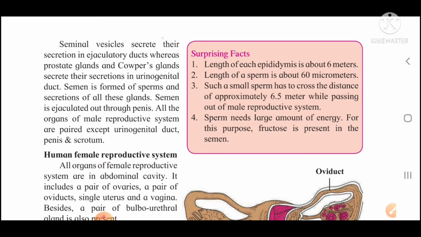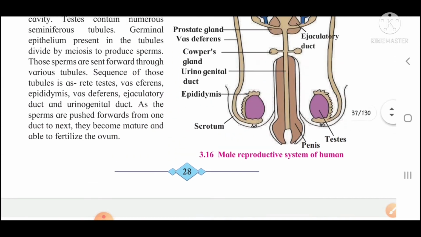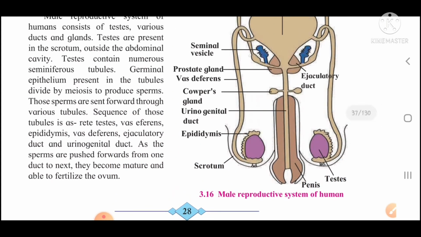Seminal vesicle secretes its secretion in the ejaculatory duct, whereas the prostate gland and Cowper's gland secrete their secretion in the urinogenital duct. Now the seminal vesicle, you can see here, this is a seminal vesicle.